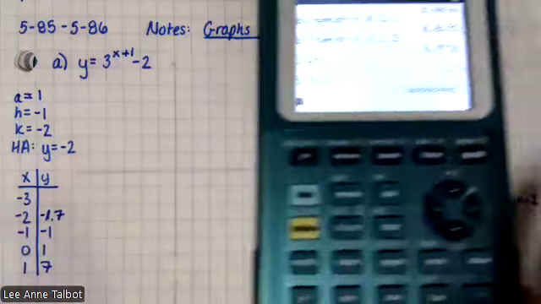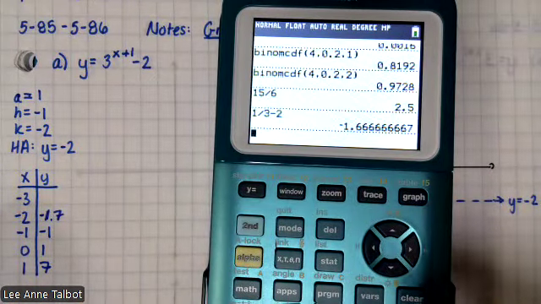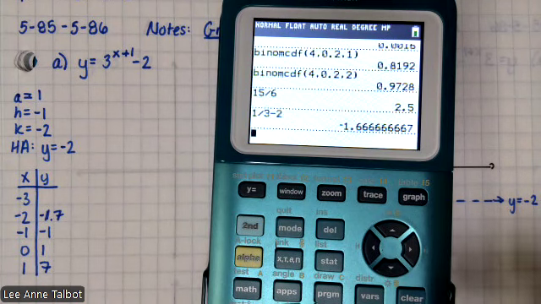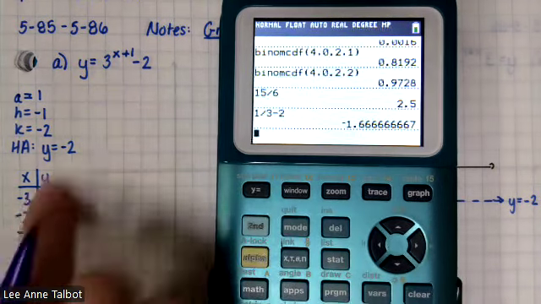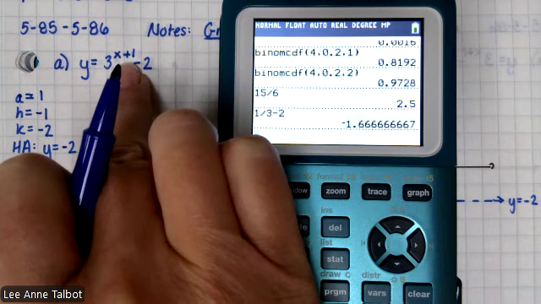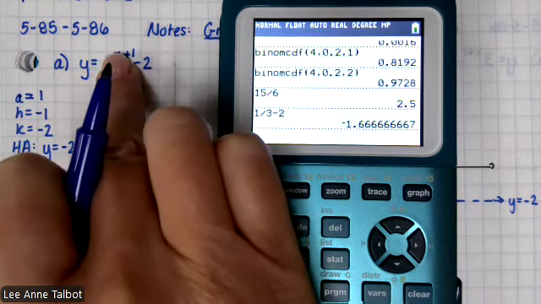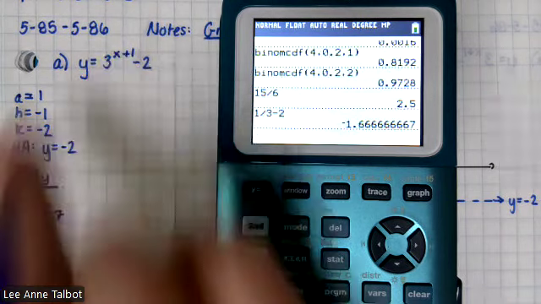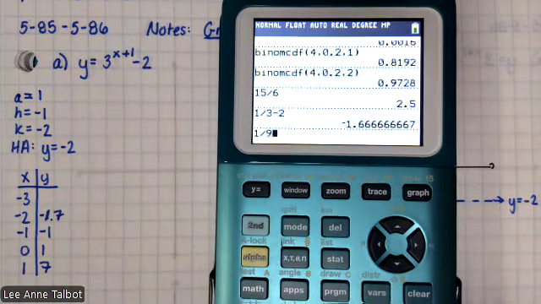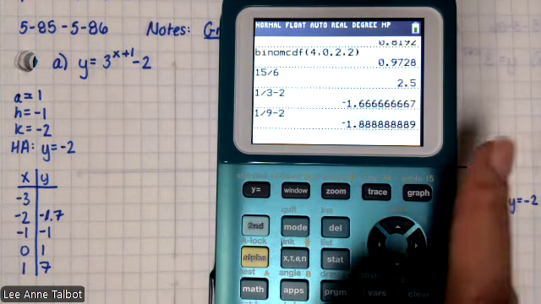Now, when we get to sine and cosine waves, you will need to be able to find a common denominator in your head and subtract fractions, but not today. Okay, now, -3 plus 1, -2, 3 to the -2, 1/9. Nice. -1.9.